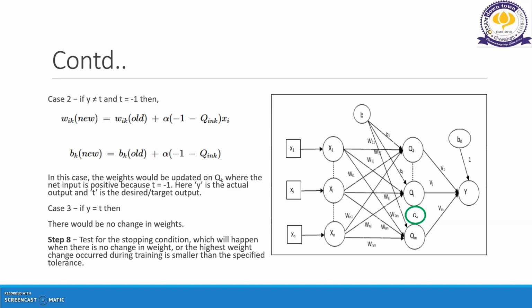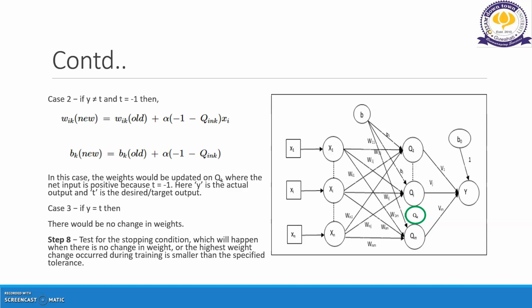Okay, now the third case is when your y and t are same. So in this case, there is no need to change your weight and bias because your calculated output is the same as your target output.